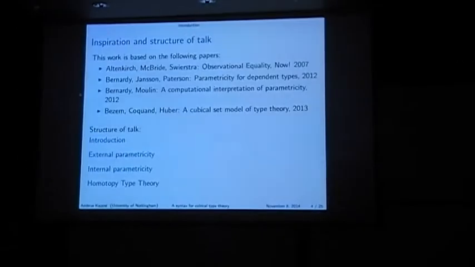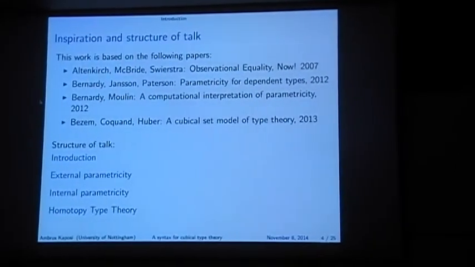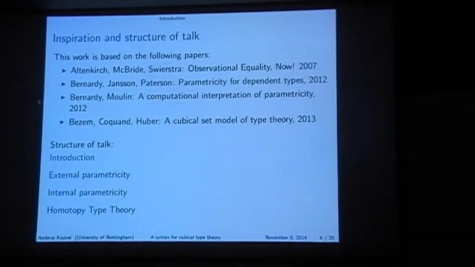And I would like to say some words about the previous work, starting with some work of myself and Conor McBride and Wouter Swierstra, which was based on some earlier work, where we defined something which is called observational type theory. And at this point in time, we lived in the pre-homotopy period of type theory, but we didn't think about this.